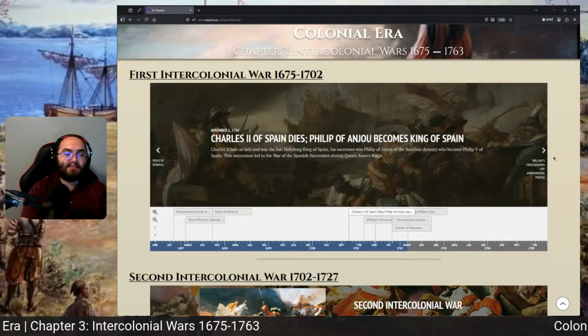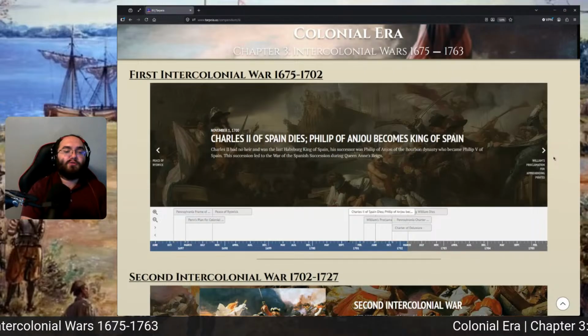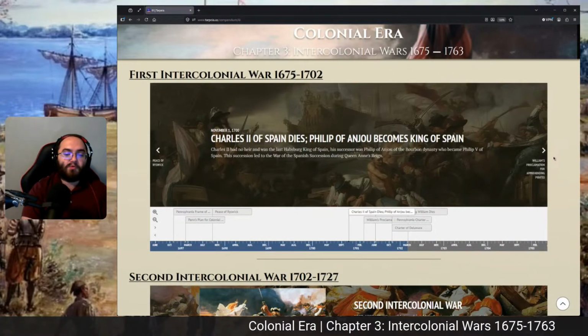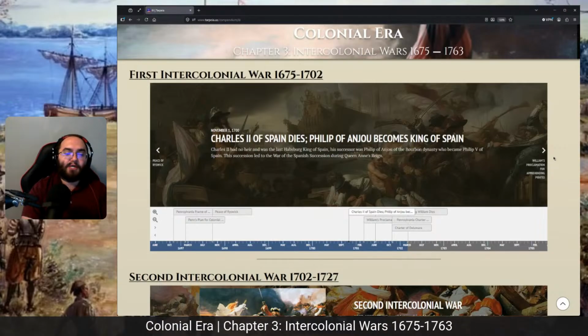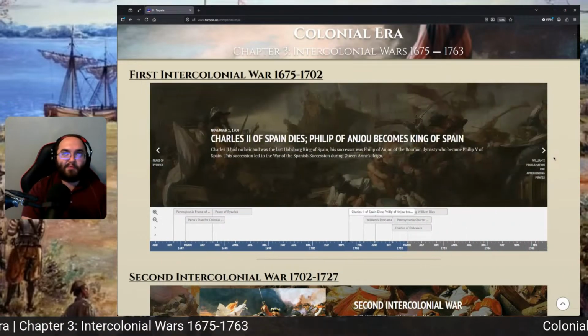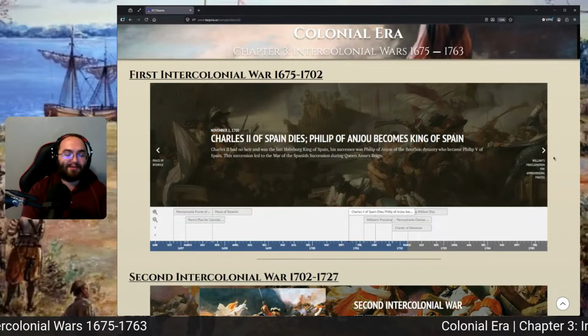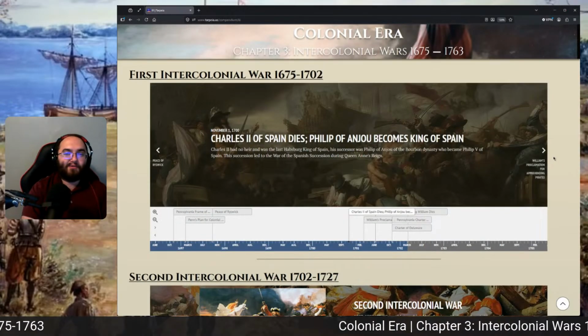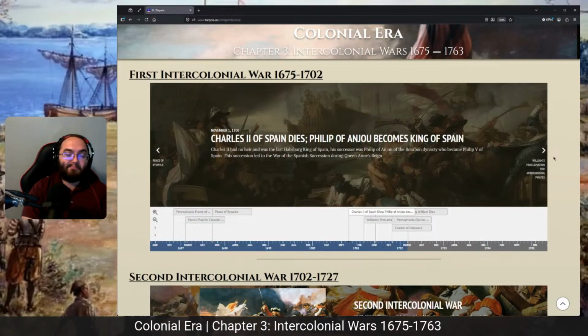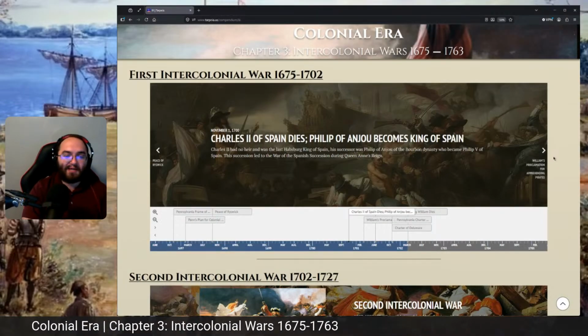And this succession will lead to the War of the Spanish Succession during Queen Anne's War, which will begin in a couple years. And so all these wars are related or greatly impacted by who's married to who and who has heirs and stuff like that.